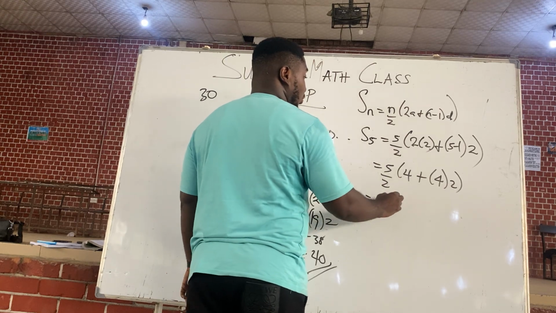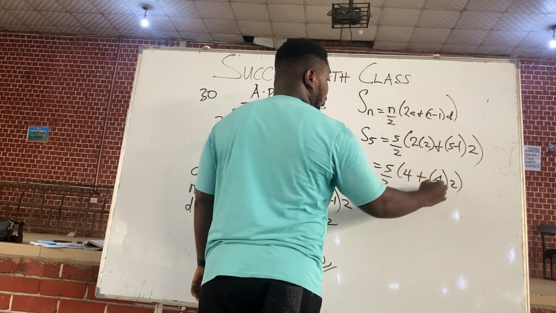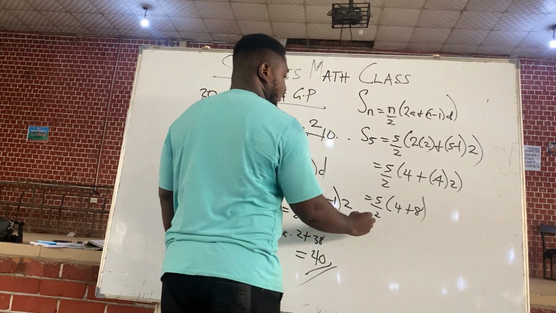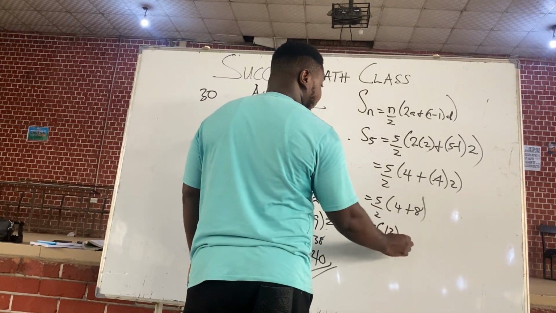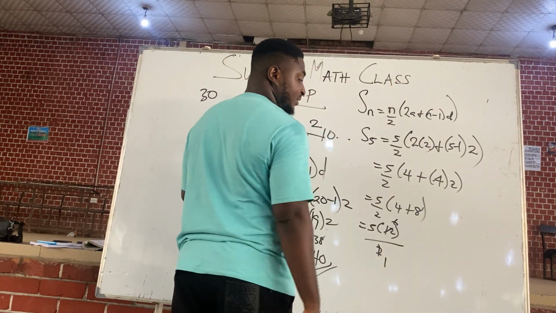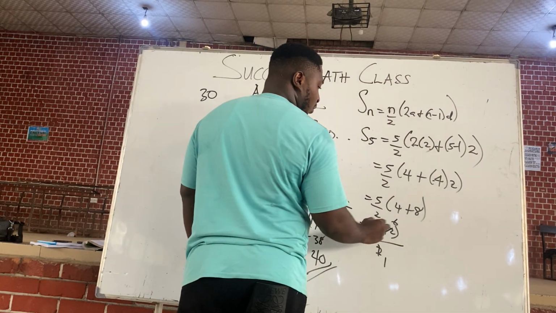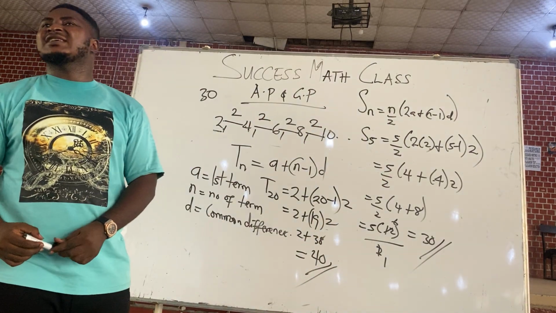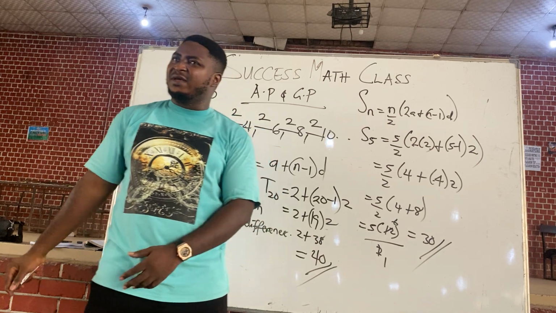This is 5 over 2 times 4 plus 4 times 2, which is 4 plus 8. 5 into bracket 12 all over 2. 2 into 12 is 6. What's 5 times 6? 30.